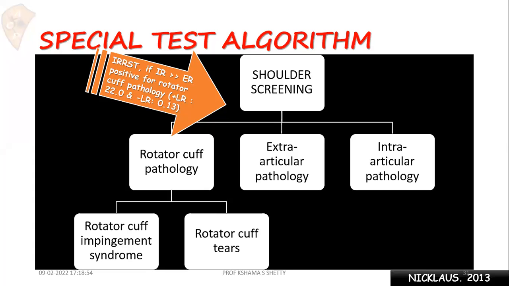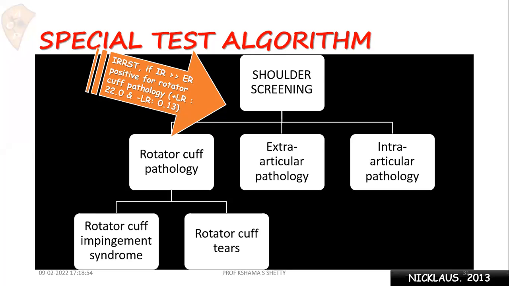Remember the case which we have discussed in the front. We have to apply all these things at the end to come to a diagnosis of how it can be a rotator cuff tear. I hope everyone remembers the scenario which I was presenting.